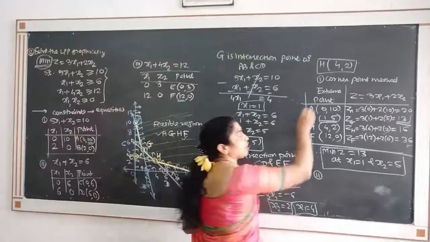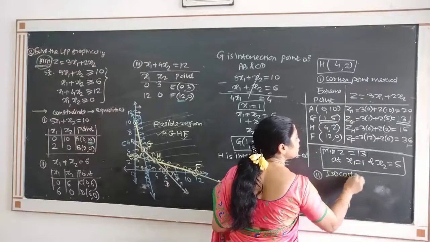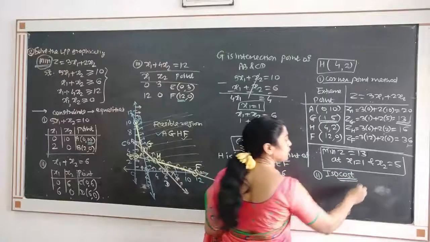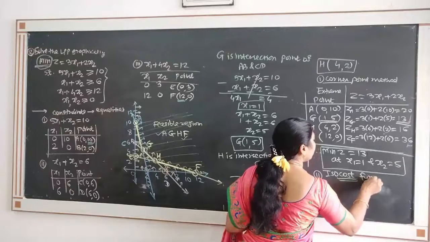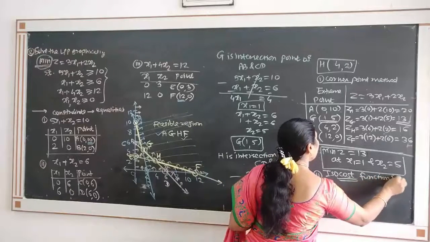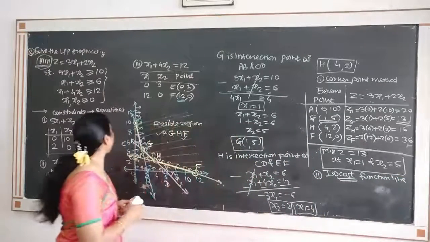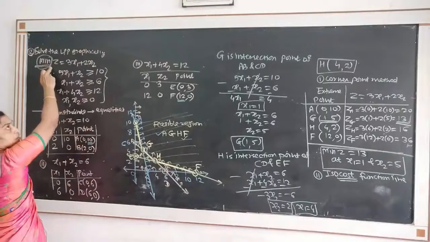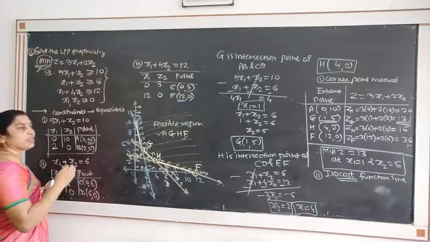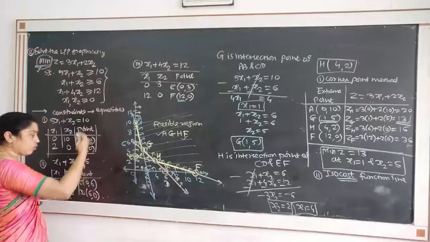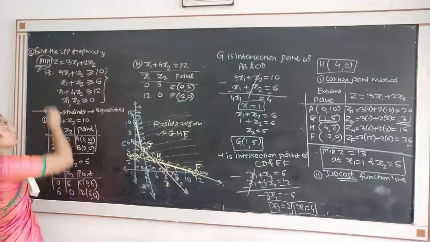Now if you want the second method, that is the iso-cost method, because the function is minimization now, it is the iso-cost function line approach. So find the iso-cost function line. For that we take any arbitrary value of z. Generally, when the problem is maximization, we take a large value of z and move towards the origin, so that we get the smallest value when we want minimization.